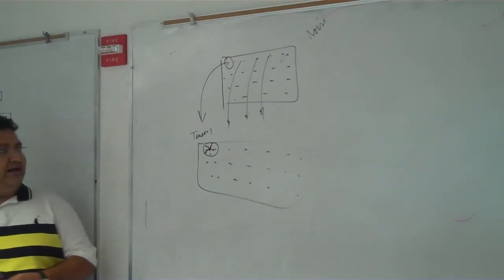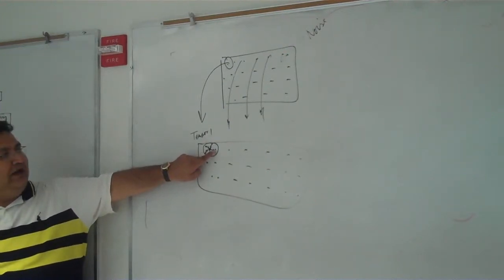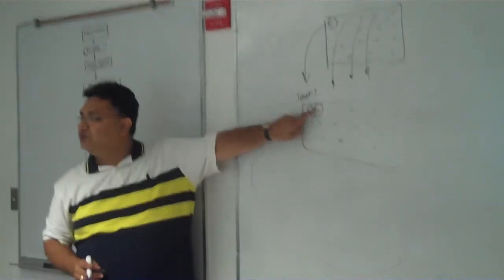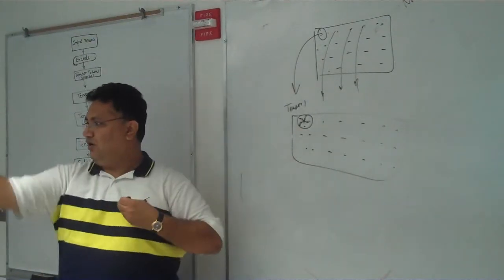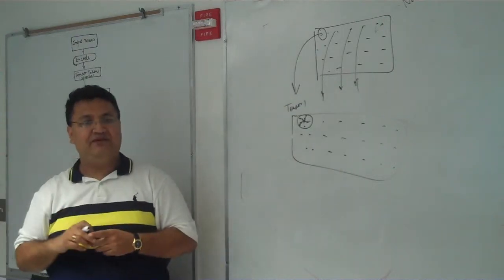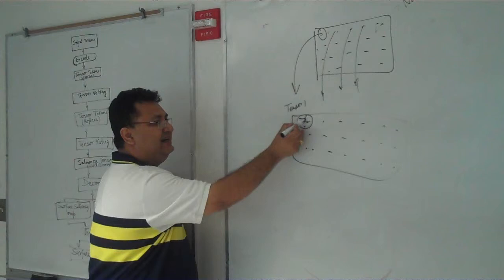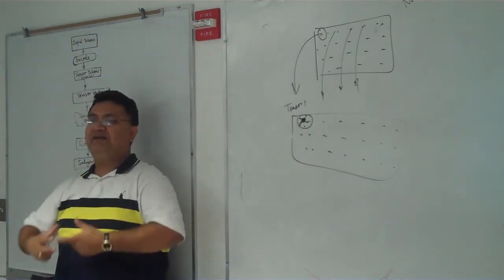If this is the center point, it will give its tensor information to this point and this will give to this one. So the center point will receive tensors from all the points which are its neighbors. When it receives the information, the tensor becomes more populated.